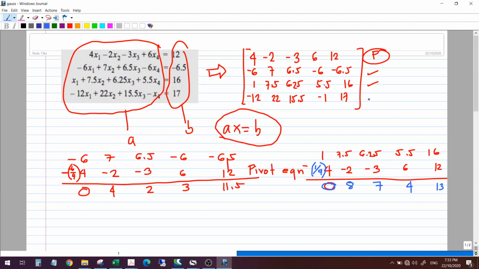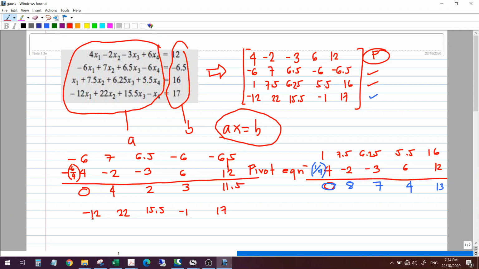How about the fourth equation or fourth row here? Okay, I'll choose red again. So that is -12, 22, 15.5, -1, and then 17.